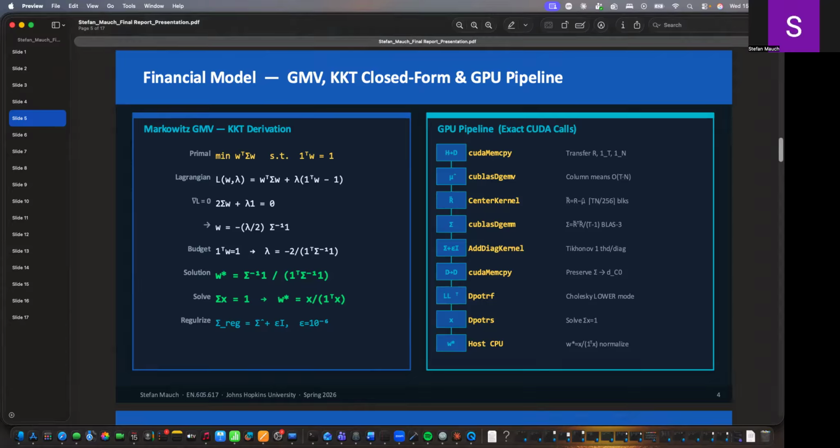On the GPU, this pipeline maps cleanly to three CUDA libraries. We do the returns computation via cuBLAS Dgemm, so this is BLAS level 2.